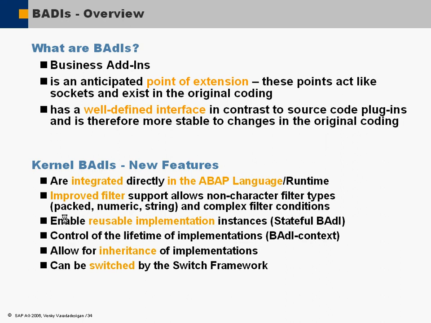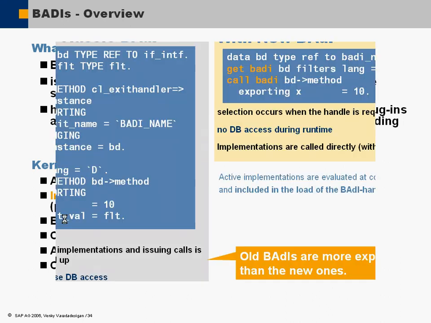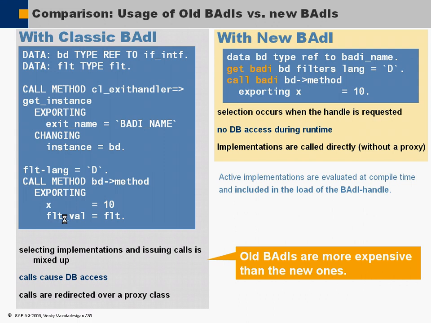Just like a source code or global class and function group enhancement, even kernel BAdI is also a kind of enhancement technology. Let's compare the old classic BAdI and the new BAdI. The old BAdI used to have something called the exit handler.